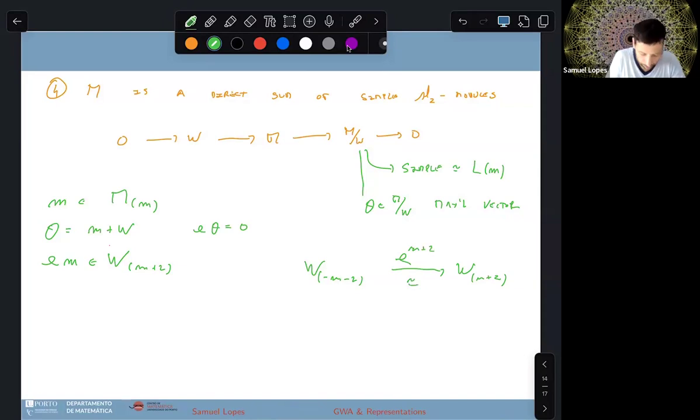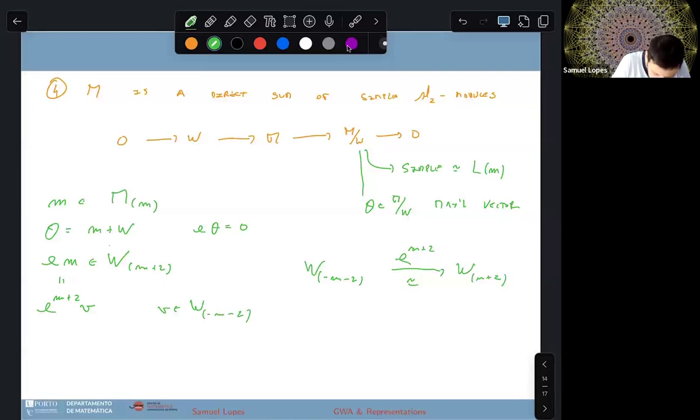Okay, so this element must be able to form E to the m plus 2 times some vector. Let me call it, well, I didn't want to call it W because I want to call W something else. Well, let's call it V. Okay, for some V in W minus m minus 2.